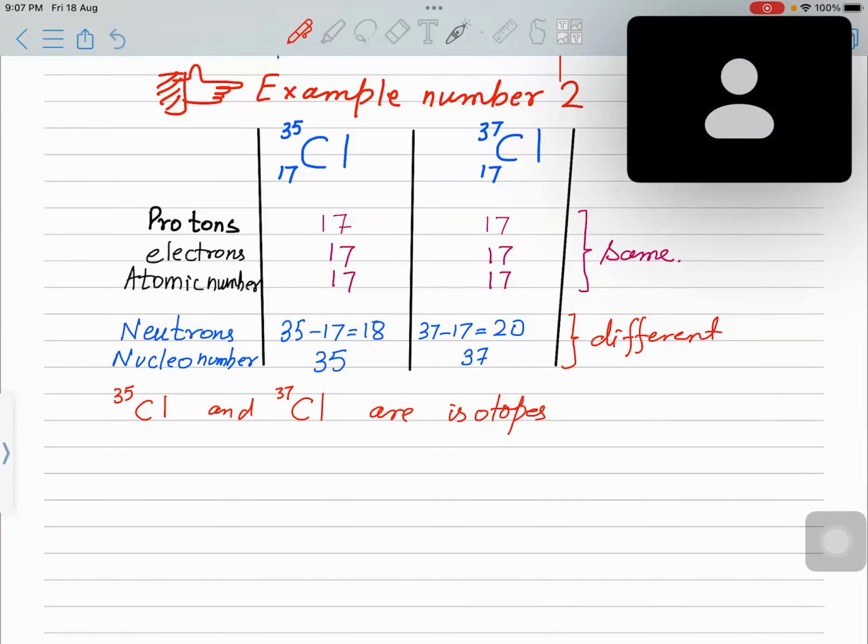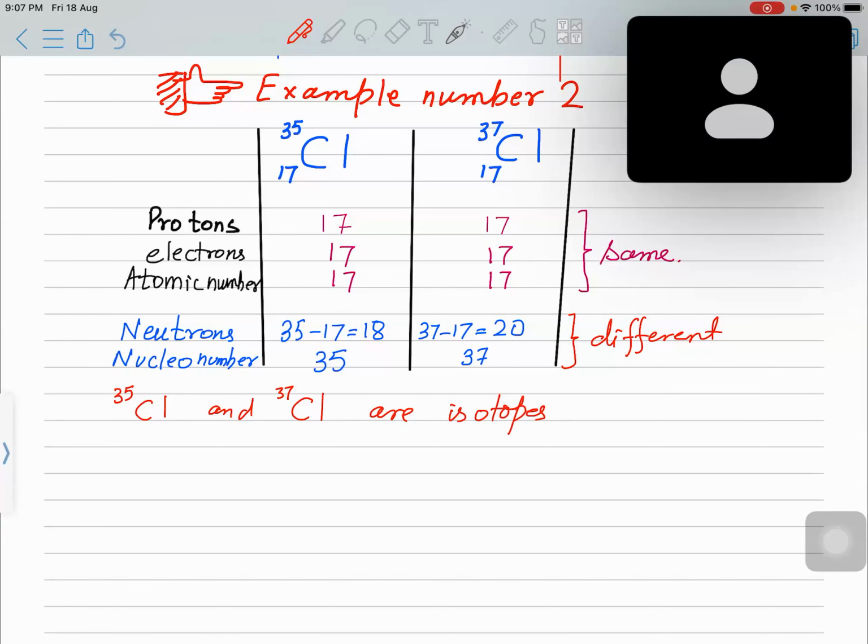Why isotopes? Because they have the same protons, the same electrons, and the same atomic number, but different neutrons and different nucleon number. Because of these two things, we can say that chlorine 35 and chlorine 37 are isotopes. Beta, are you getting this point? Yes, sir.